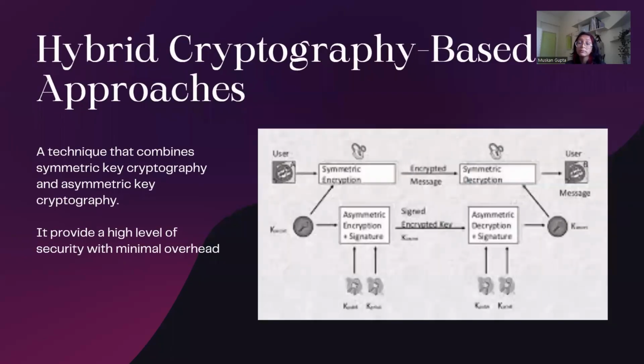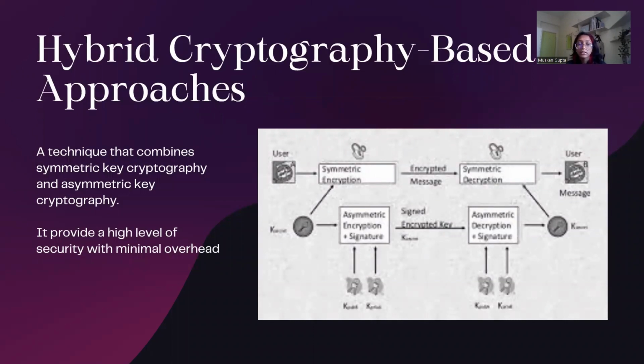This paper mainly focuses on the hybrid cryptography-based approach. Hybrid cryptography is a technique that combines both symmetric and asymmetric key cryptography to provide a high level of security with minimum overhead.